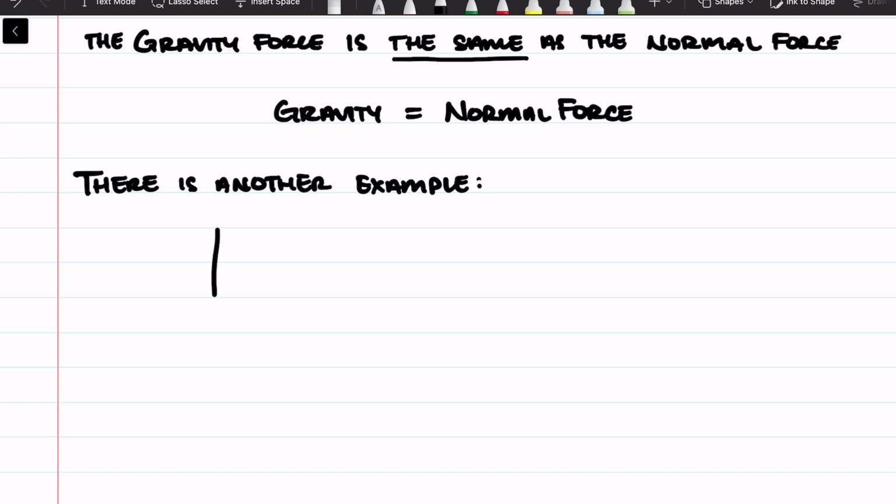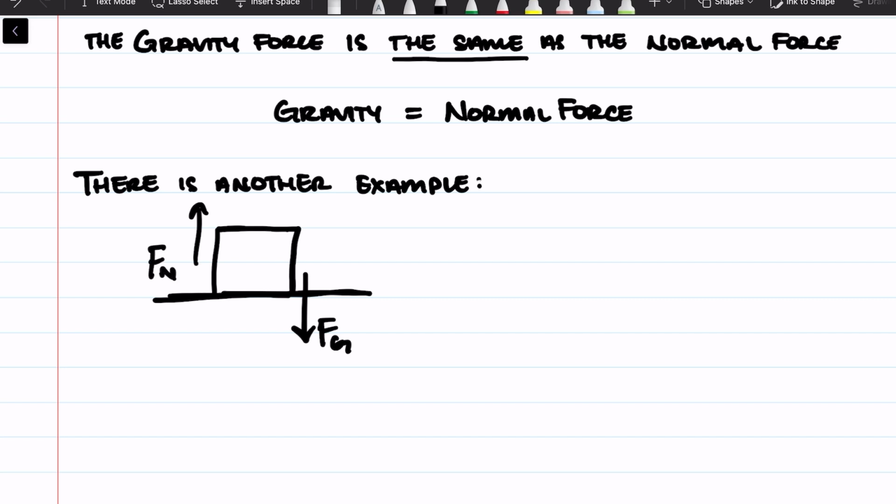And this is when another object is pushing that object that you have. So I have my box on the table, and I still have the force of gravity right here pulling it down. I still have the normal force pushing it up.